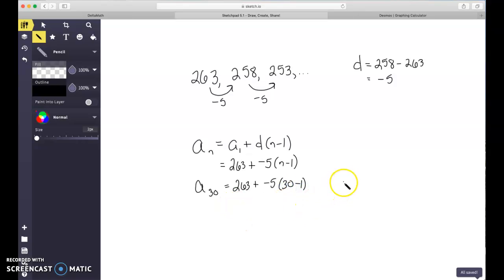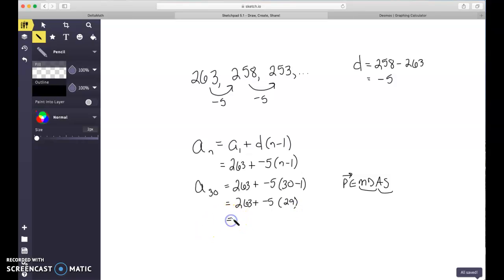And now at this point, I should just be following my order of operations. Please excuse my dear Aunt Sally, or PEMDAS, and since we're simplifying, we're going in order, right? So 263, I'm going to do what's inside my parentheses first. 30 minus 1 is 29.